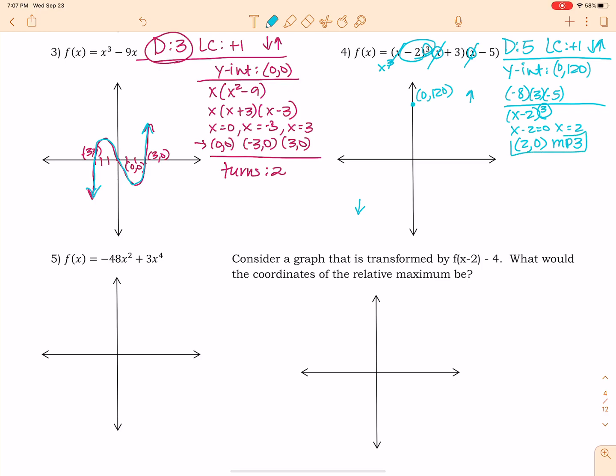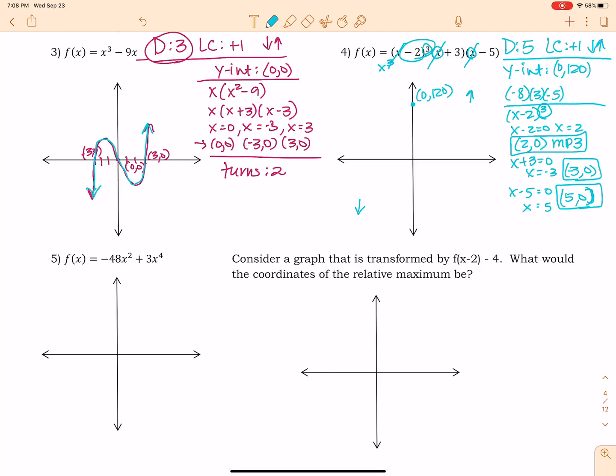Okay, so that's a solution. All right, the next factor is x plus 3. So that gives me a solution at negative 3, 0. And then my last factor, set it equal to 0, and I've got 5, 0.